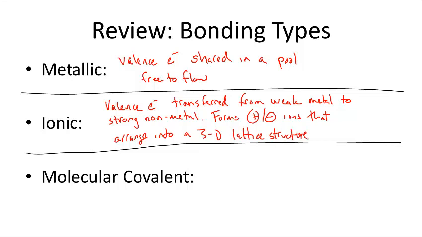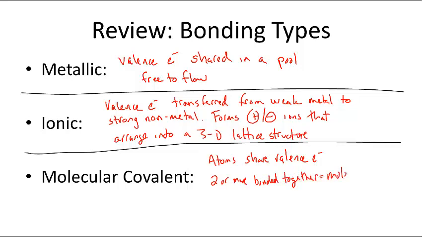So molecular covalent, atoms share valence electrons. And when two or more, and this could be up to tens of thousands, millions, bonded together, that equals a molecule.